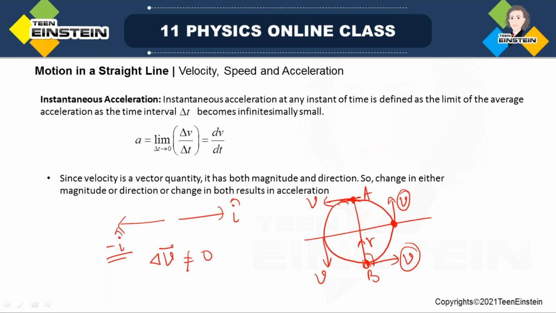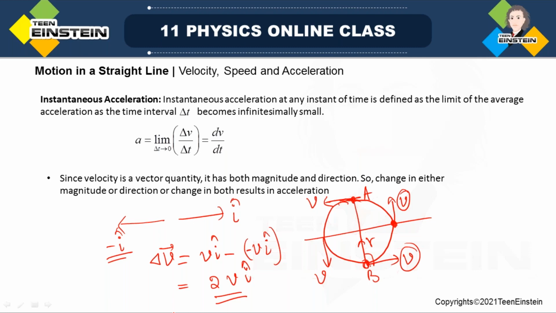You have to write the change in velocity in terms of vectors. Initially, I'll write the final velocity, this is v i cap, minus the velocity at point A, which is minus v i cap. So you will get actually 2v i. So this is the change in the velocity.